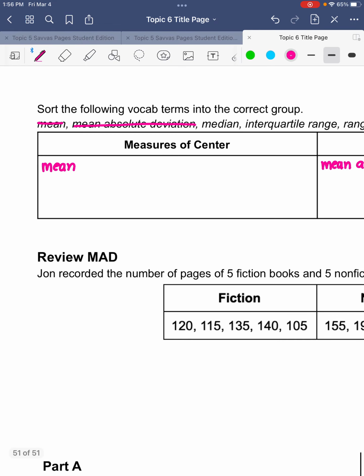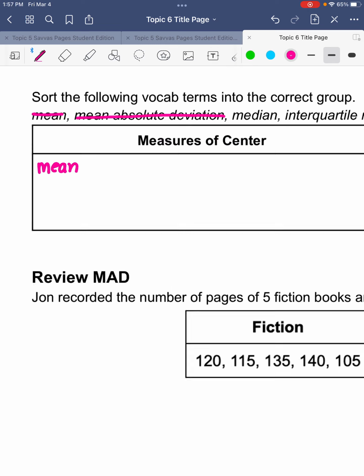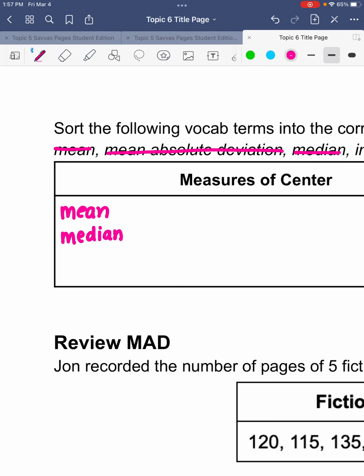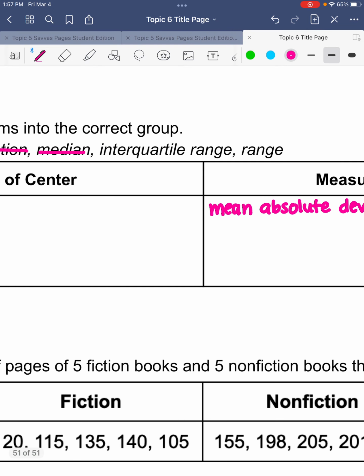Okay? Now, median. Median, it literally means middle. And middle should remind you of this word, center. So, median is a measure of center. Okay? Now, interquartile range. The box, the length of the box, that tells you how spread out your data is, which is a measure of variability.